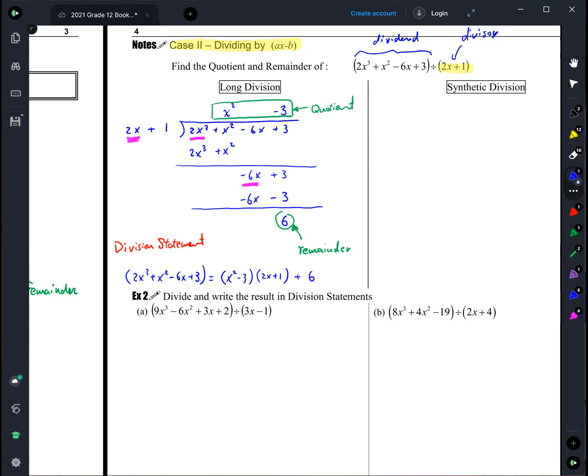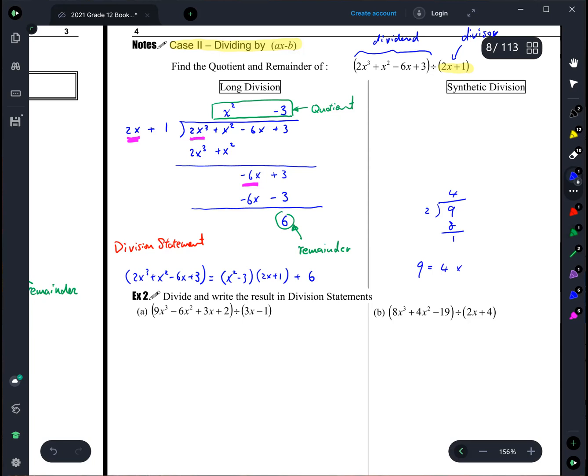You should have learned this in, I think, grade 3 or 4 when you learned dividing. For example, 9 divided by 2 is 4 remainder 1. Similarly, you can write 9 equals 4 times 2 plus 1.